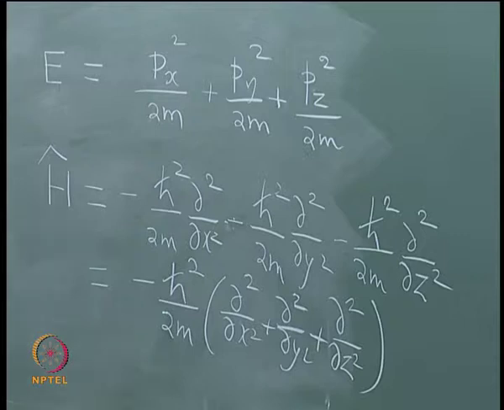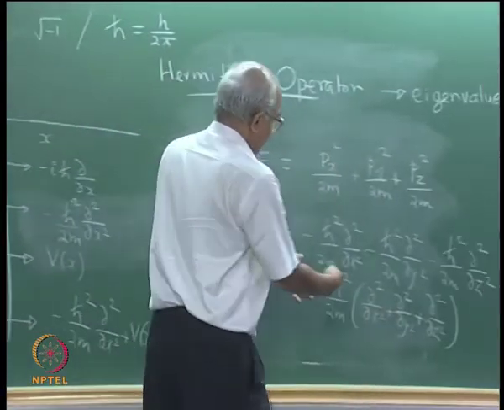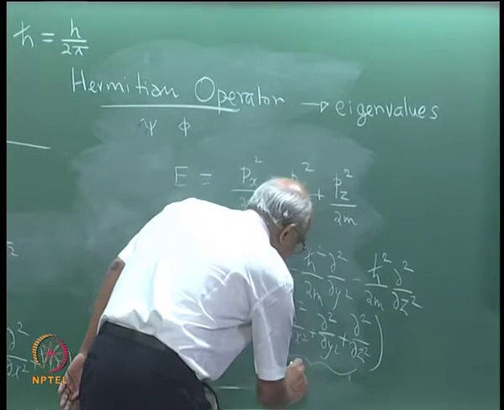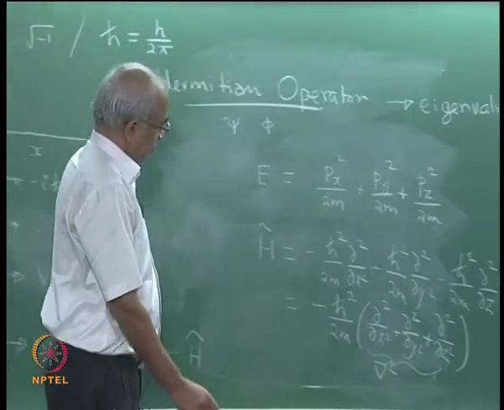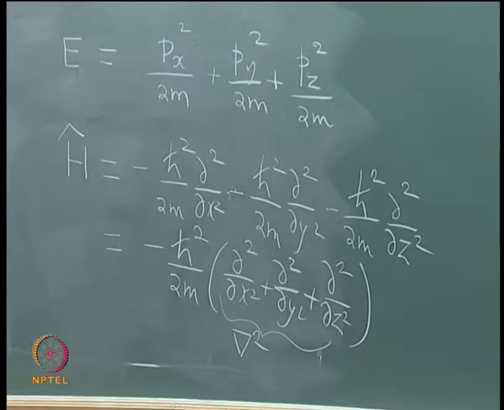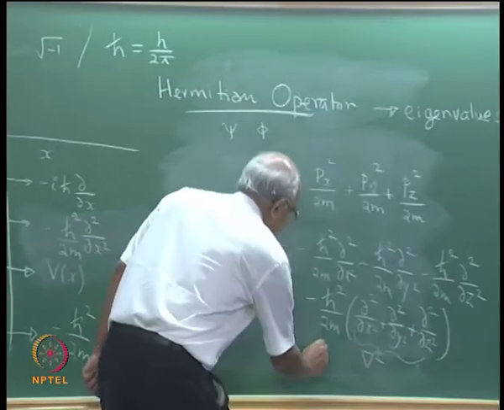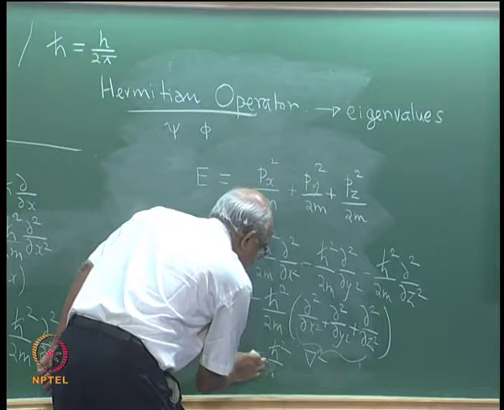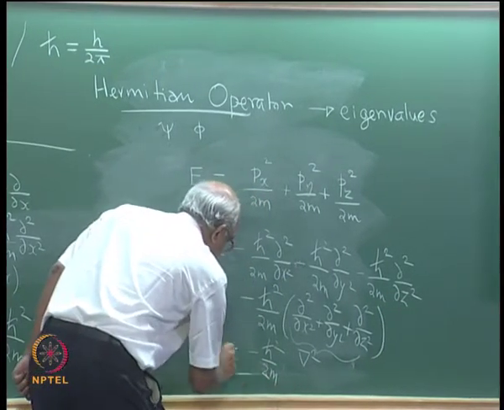Now, it is obvious that this is rather tedious to write, and therefore, people have invented clever ways of writing these things. Instead of writing this whole thing, it is usual to write that as del square. So, therefore, the Hamiltonian will be minus h cross square by 2m into del square.